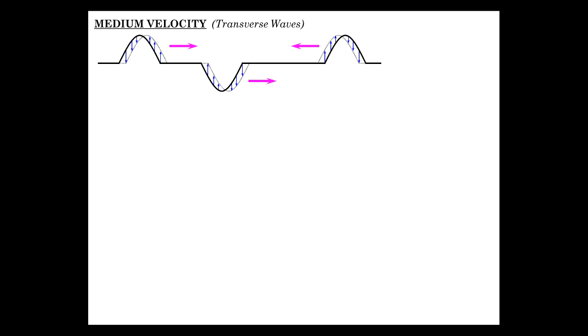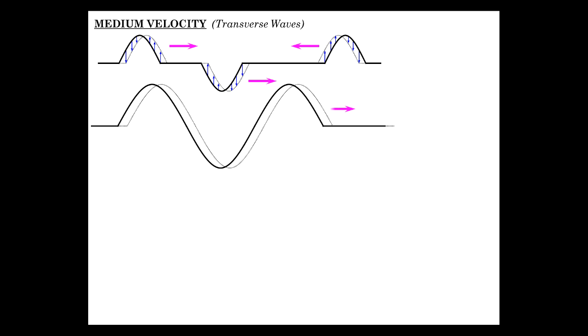See how it's moving further in the same amount of time? And the same thing here with a traveling wave. There it is, a moment later, whatever that moment is. And so we have the medium moving like this. Isn't that fun to follow?